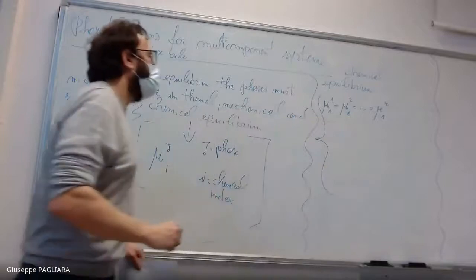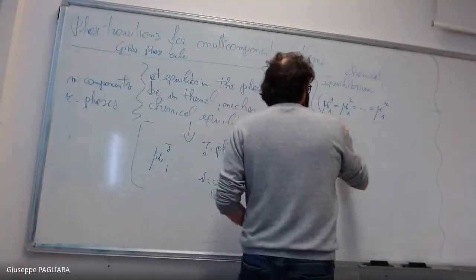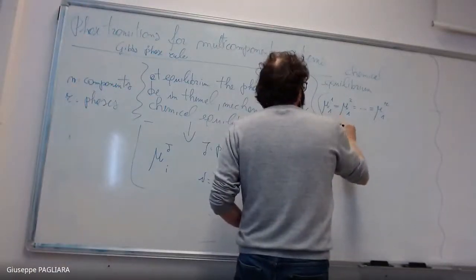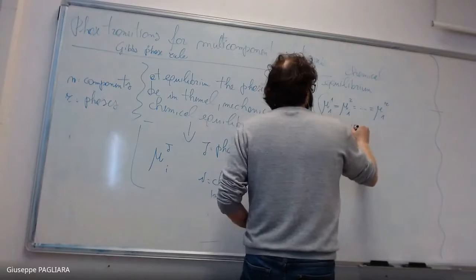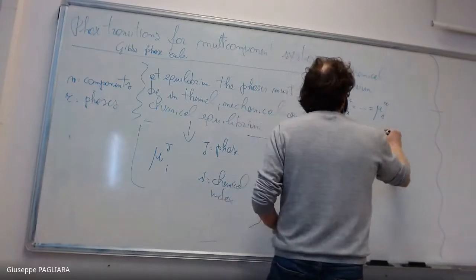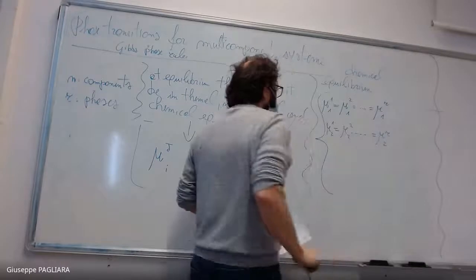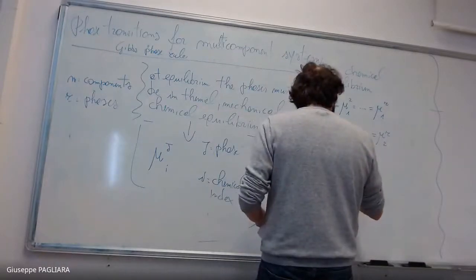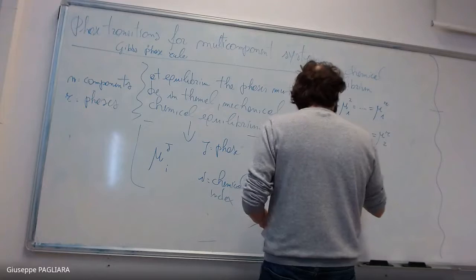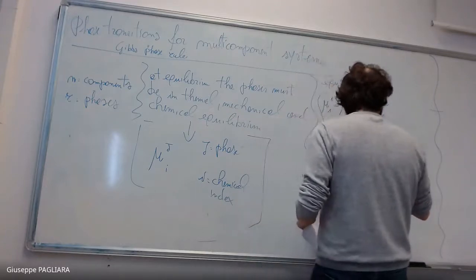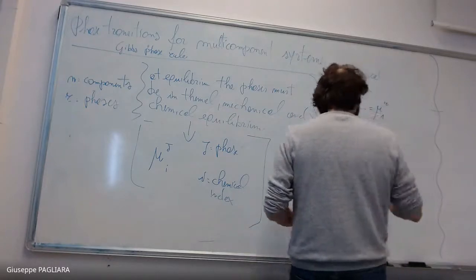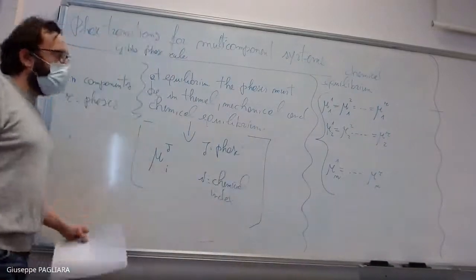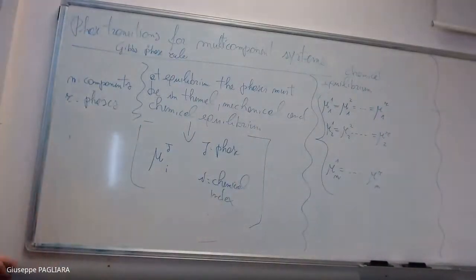So then you write down all the equations like that. mu_2 of phase 1 is equal to mu_2 of phase 2, and so on up to mu_2 of phase r, up to the n-th chemical component. So those are the chemical equilibrium equations.